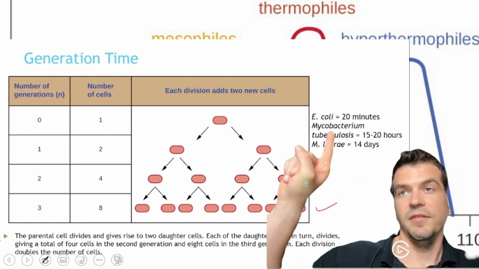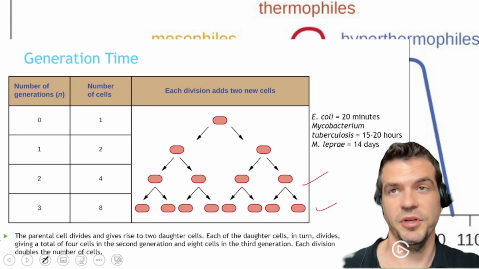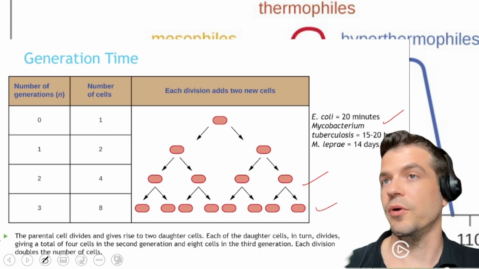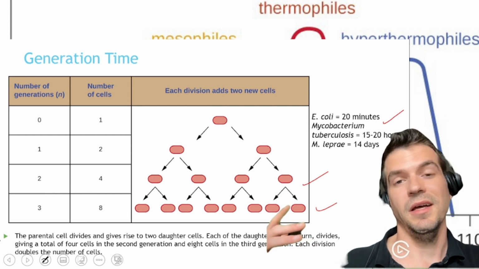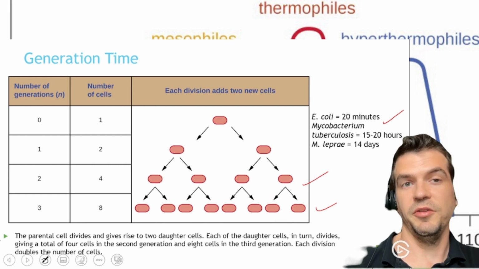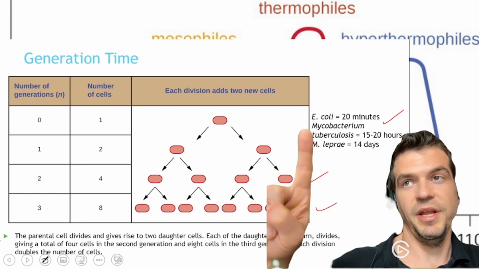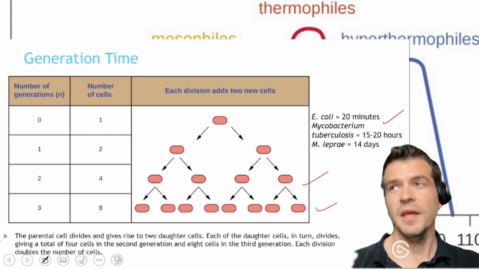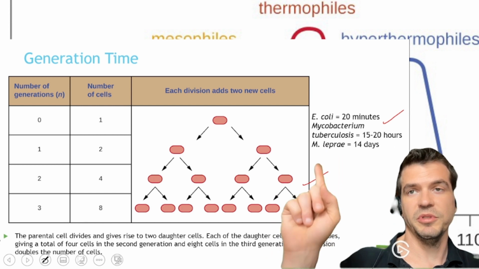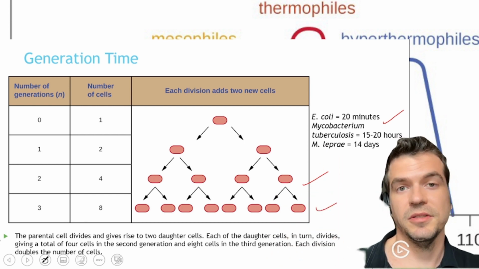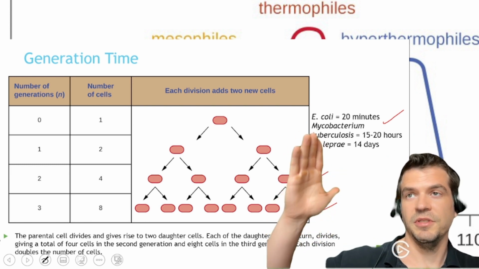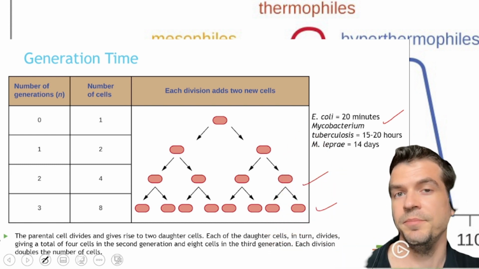Given the optimal conditions, Mycobacterium tuberculosis gets 15 to 20 hours. So if you're going to grow even 3 cells, dividing 3 times is going to be nearly 3 days, whereas the bacterium that causes leprosy is 14 days. So we have a long difference of window in generation time.